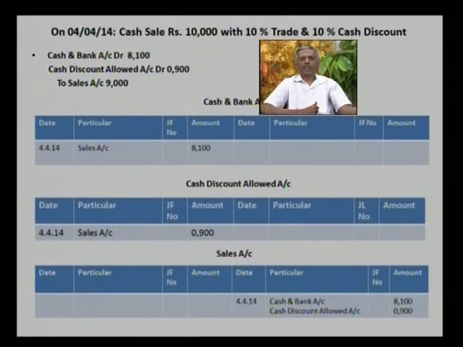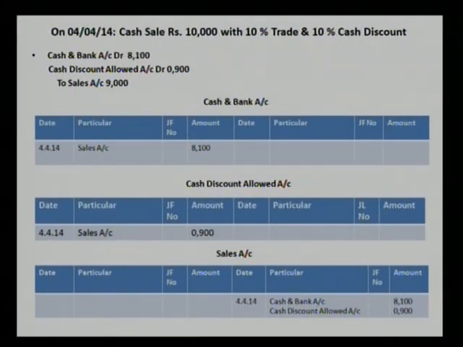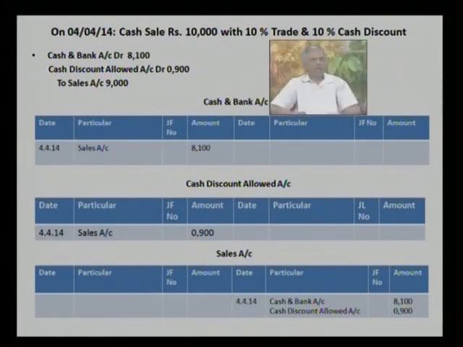Now again, transaction number 4 was made on 4th April. Cash sale worth rupees 10,000 with 10% trade discount as well as 10% cash discount. So calculation is now not important. We know how to calculate and we know how to pass the entry.